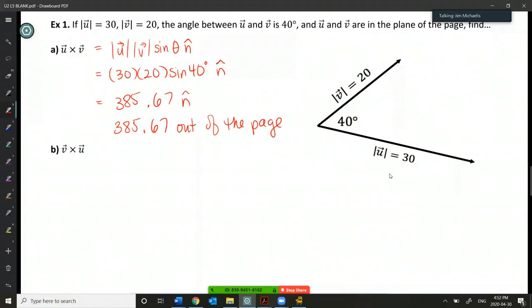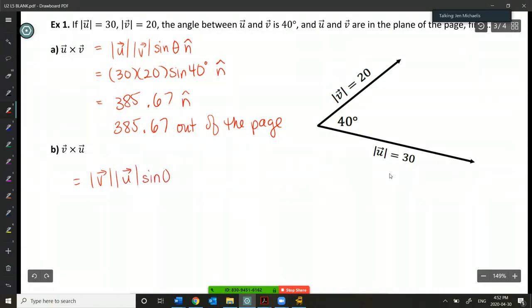So for the second part here, we certainly are going to get the same magnitude of our vector. We're going to do magnitude of v times magnitude of u times the sine of theta times that normal vector. But basically when we enter this in, we do need to indicate that this is in the opposite direction as our calculation above.